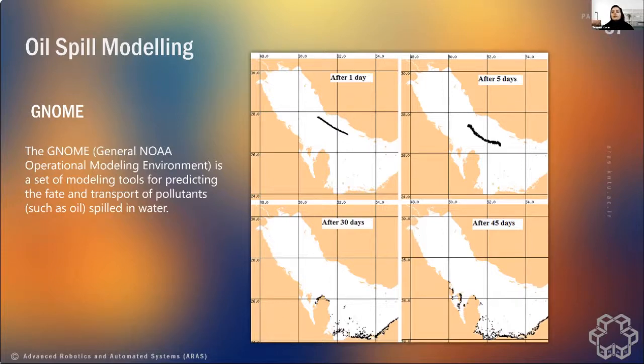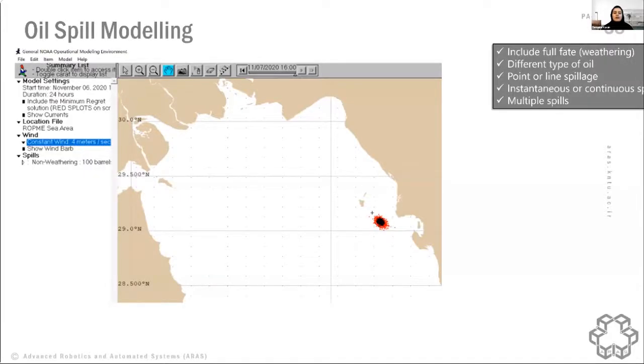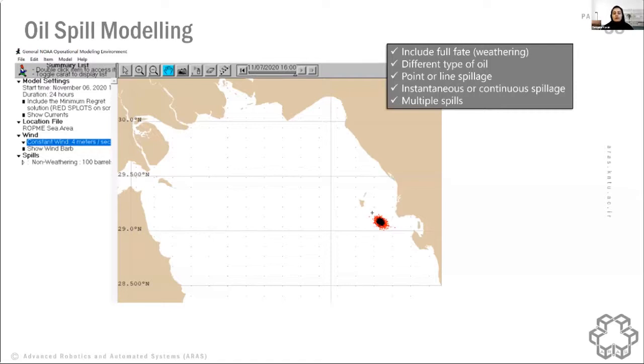In this slide, you can see the Genome software, and at first you should enter information that describes the oil spill scenario. What scenario? A scenario defines where, when, and how much, and what type of oil has spilled.